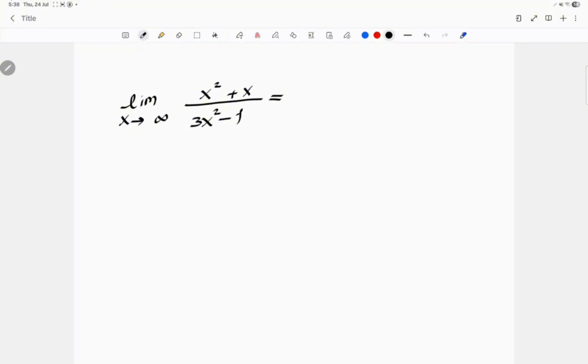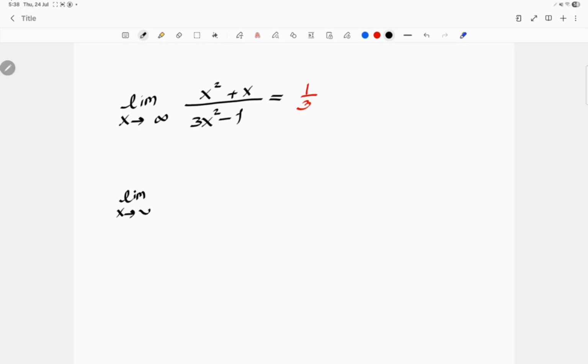As of now, do they? They do. They're both 2. That means just divide their coefficients by each other. So 1 over 3. But that was pretty easy, right? Yes. Okay.